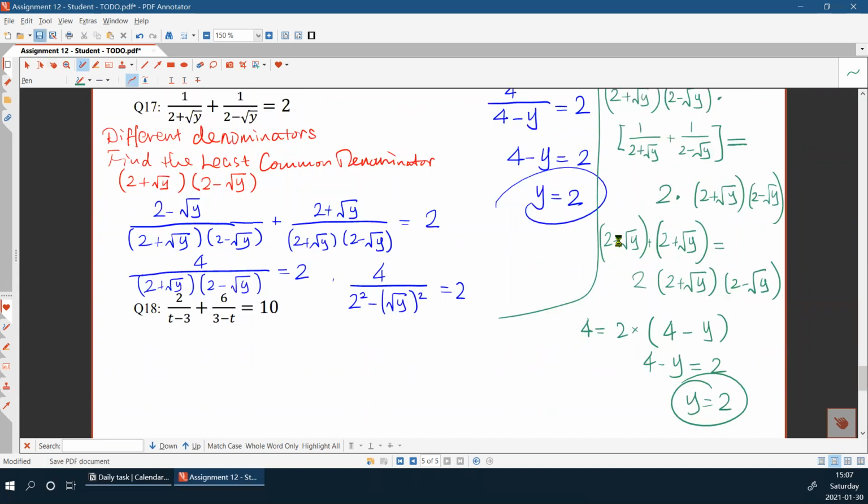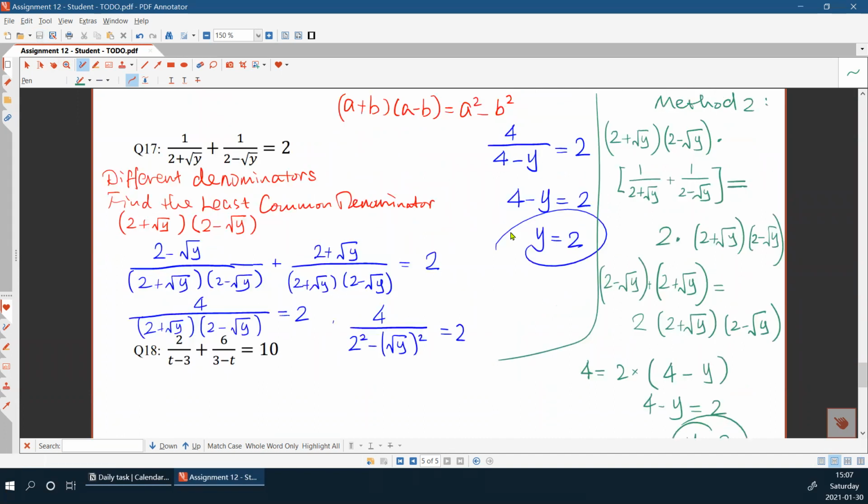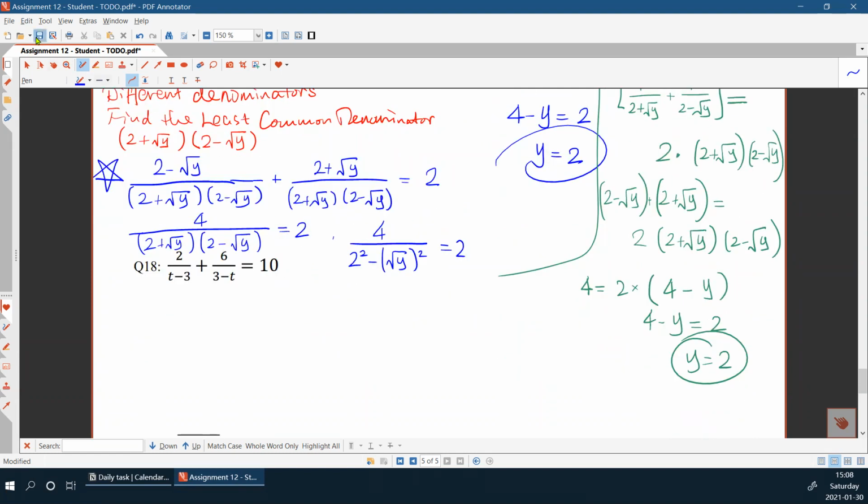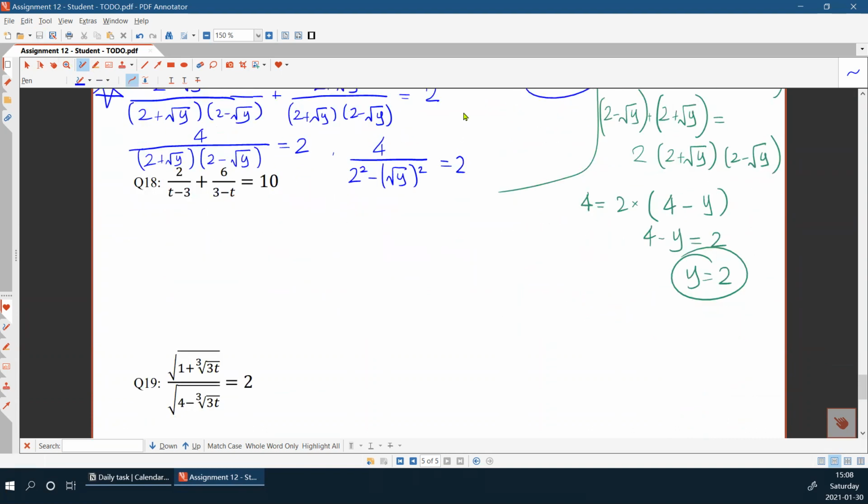Any questions? Again, you can choose either method. I think the first method is more intuitive. You just use the first one. Okay? Any questions? No? Okay. Let's see the next one.